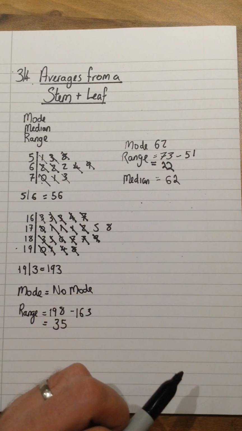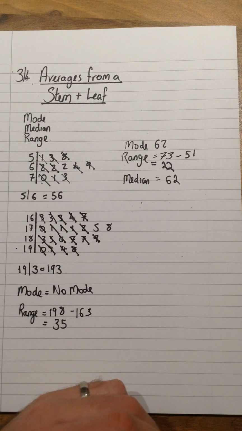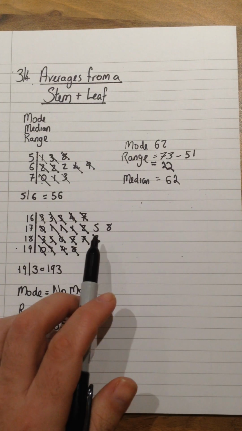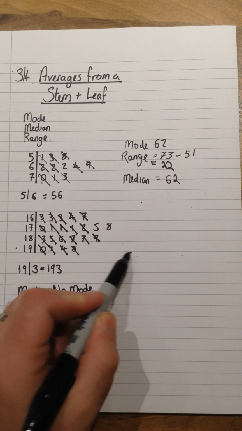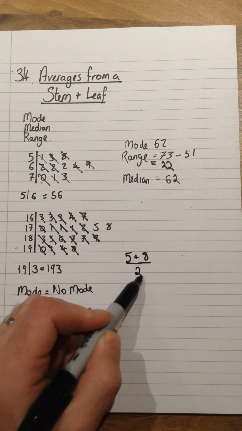So just as we did with averages from a list, we need to find what number is halfway between. This is now the third time we've been able to use this little trick. So to find what is halfway between 5 and 8, we would do 5, add 8, and divide it by 2.